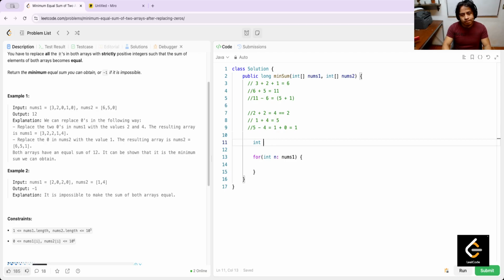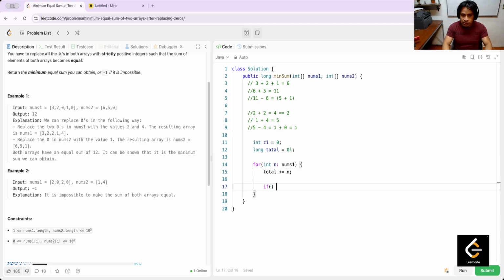Yes, zeros in the first array, it's equal to 0, and a long total, it's equal to 0. In this case, total plus equals n.